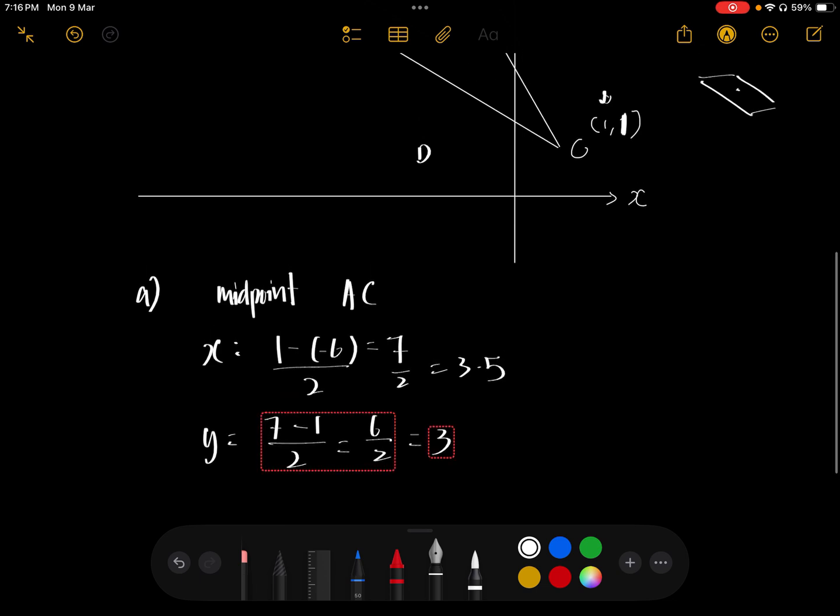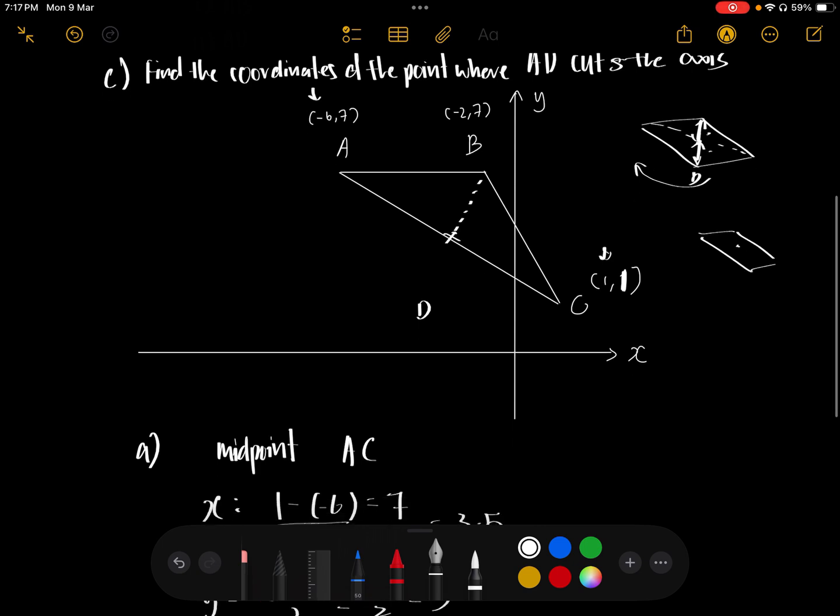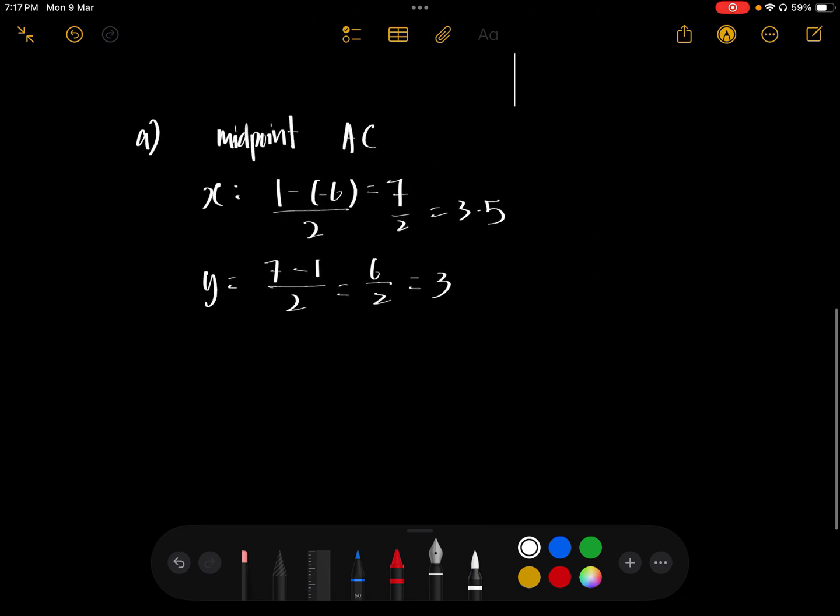Now that we know that, we also know that the distance here should be the same as the distance here, right? So let's find the distance from B to the midpoint.